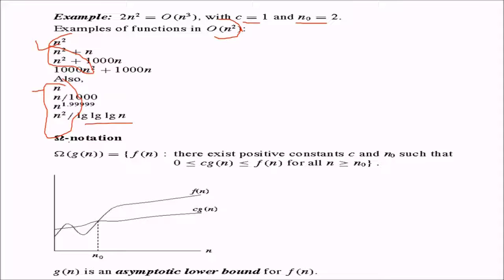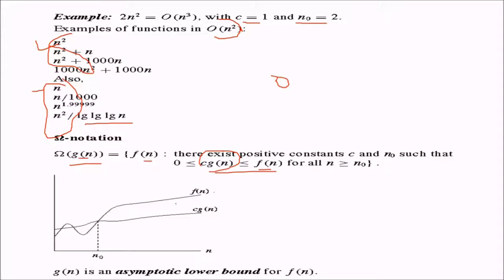What about this omega notation? Omega of gn is actually the asymptotic lower bound. In a similar fashion, we explain the big O notation. If we say that fn has some lower bound, say gn, there should exist some c and n0, such that this cgn is always lower than fn.